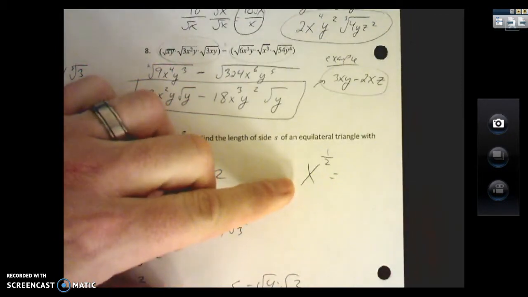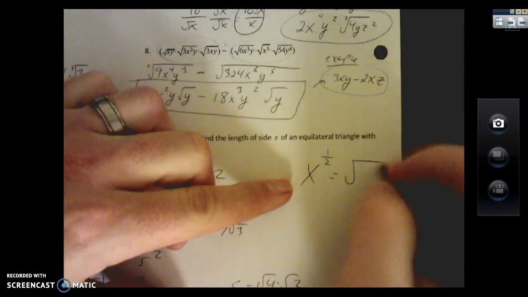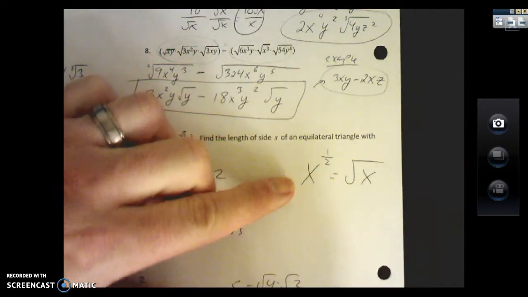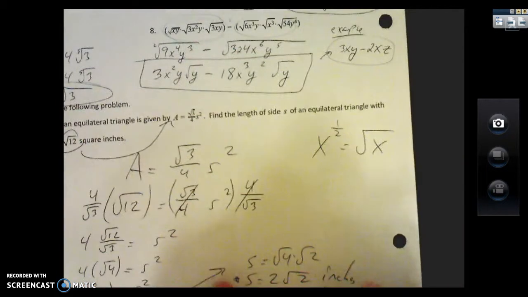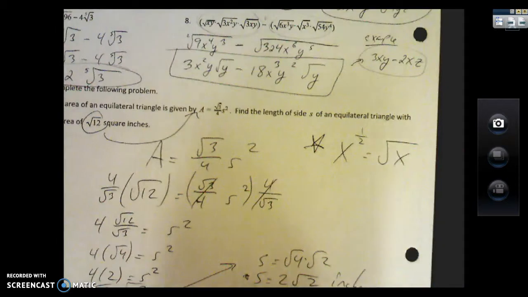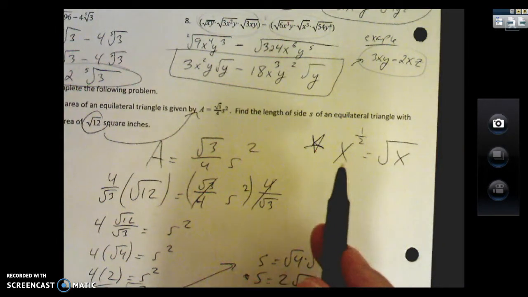If you know that x to the 1/2 just stands for square root of x, then a problem on the SAT that would take you 2-3 minutes if you didn't know what was going on can be solved in like 10 seconds. So I keep stressing this for a reason, not just to be annoying. Please make sure you're comfortable with that.